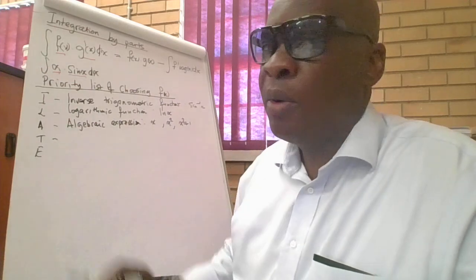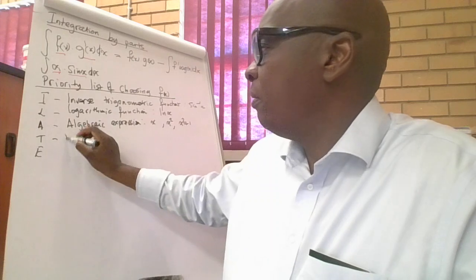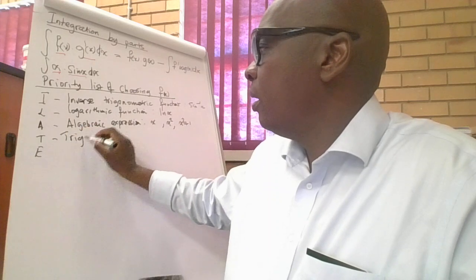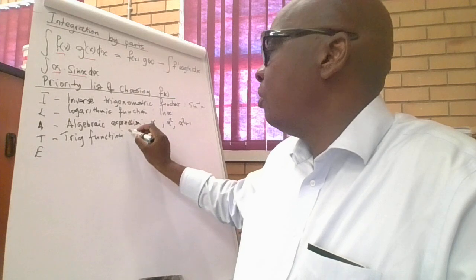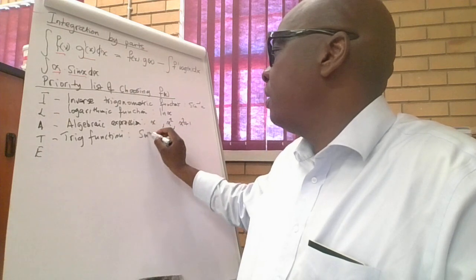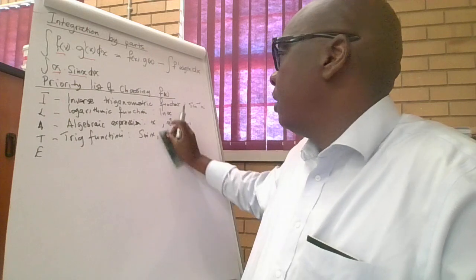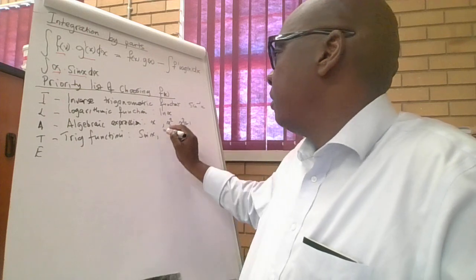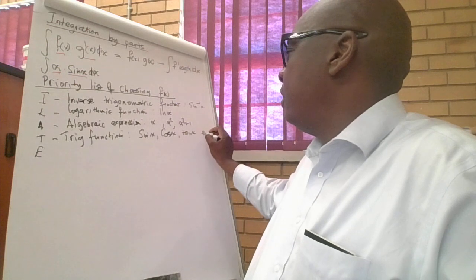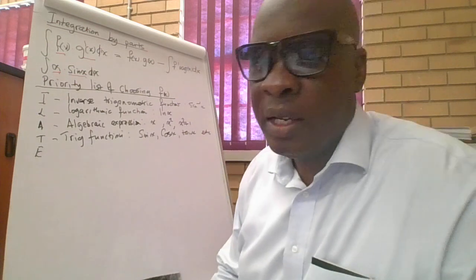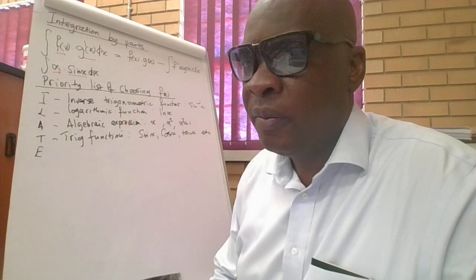And then the fourth priority would be the trigonometric function. Here we are talking of things like sine x, cos x, tan x, sec x, cosec x, and so forth.